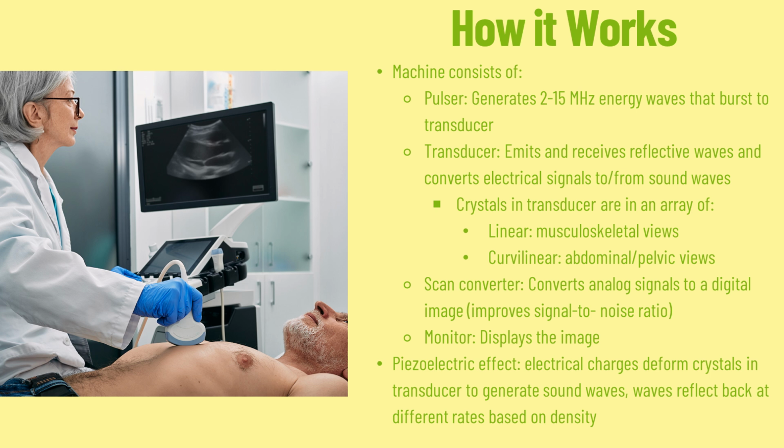And that means when those crystals are shaken, they are shaken through electrical energy. That energy moves and displaces those crystals and then converts them into the sound waves. And again, those sound waves go into the tissue and bring back signals, and based on the density of the tissue, it's going to send back signals at different rates.